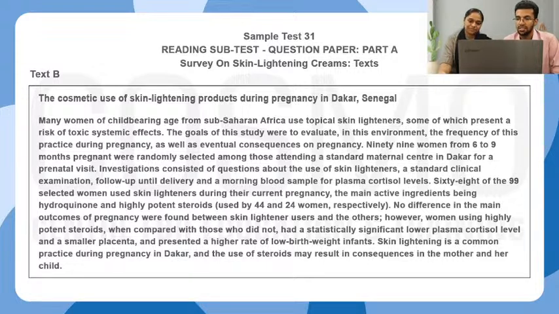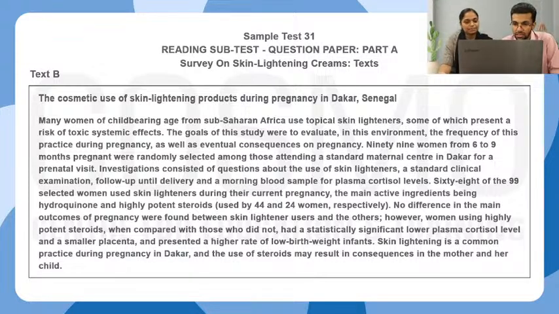Yes, Alfie has mentioned an answer that is highly potent steroids. Middu just typed it down as potent steroids, but there it's given highly potent steroids. Yes, Devi Nandana, the answer is highly potent steroids.